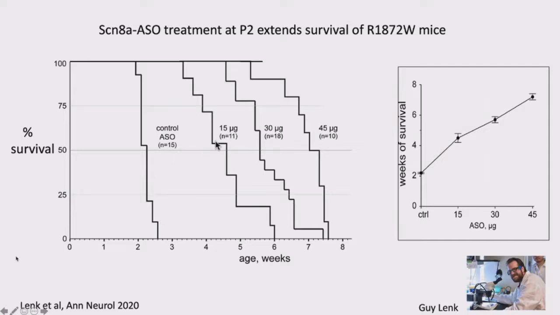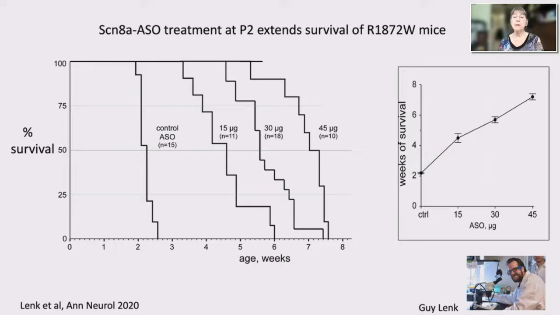However, if we inject increasing doses of this SCN8A ASO, we could prolong this survival for up to 7 weeks. And in fact, the weeks of survival was directly related to the amount of ASO that was injected. So this is good evidence that reducing the amount of this hyperexcitable channel solves the problem for these animals, and we don't get seizure onset until quite a bit later.